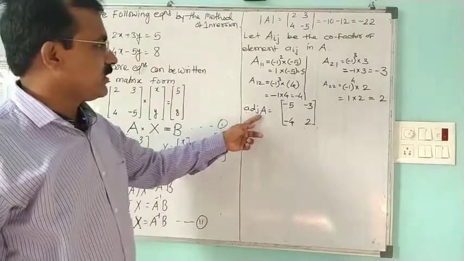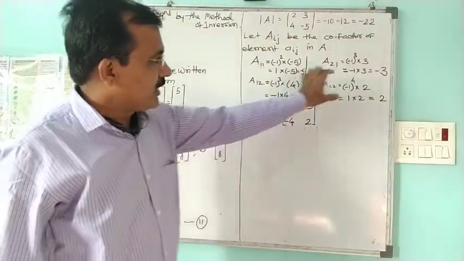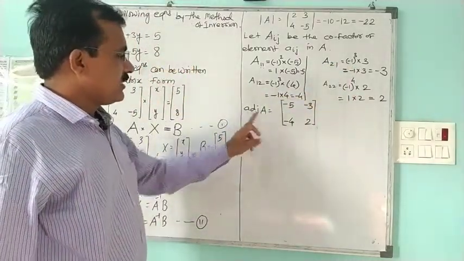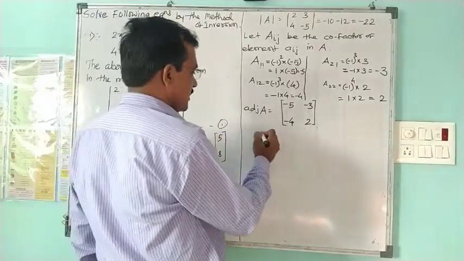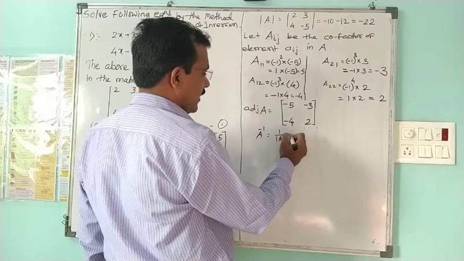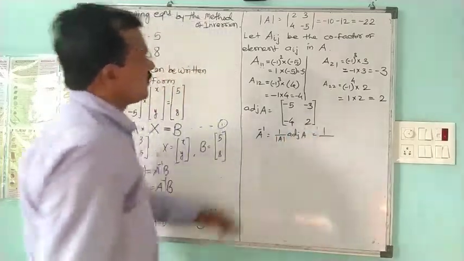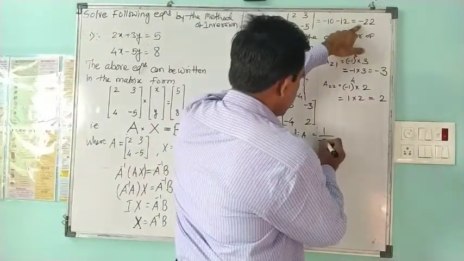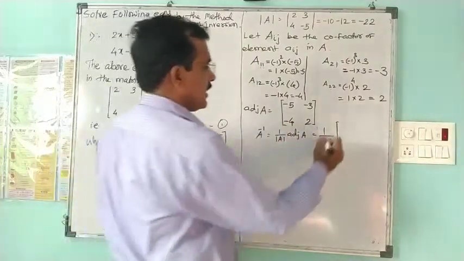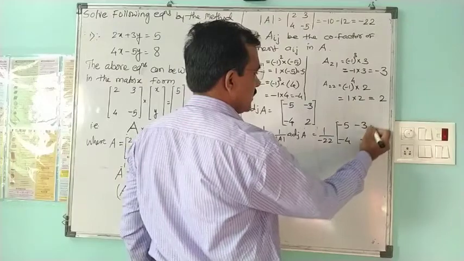So adjoint is evaluated by using the first two cofactors in first column, next two cofactors in second column. After having the adjoint, we can easily get the inverse of this matrix. So A inverse is equal to 1 upon determinant of A into adjoint of A. Determinant of A we have got as minus 22, and adjoint of A is a matrix having the 4 elements minus 5, minus 3, minus 4, 2.